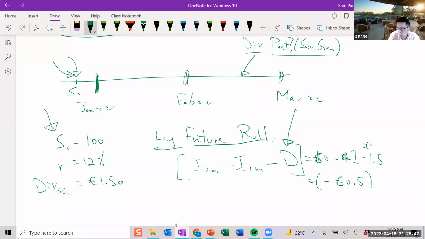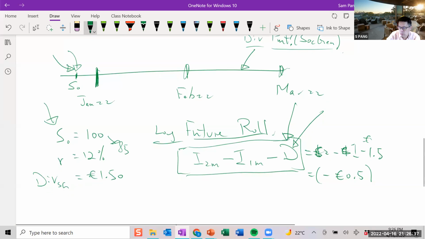After SocGen made the announcement, I'm sorry, we blew up. So markets were very volatile, but the futures were still trading in a similar manner. And the assumption on the dividend did not change. So although markets were volatile and the SocGen share price probably crashed all the way to 85 or something, if you're long the futures roll, it doesn't affect you.